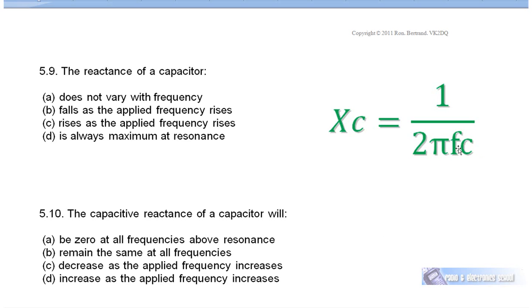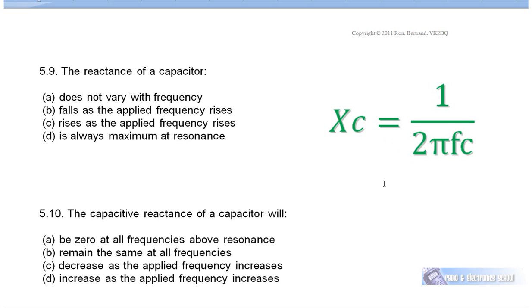That means whatever F and C do, XC does the opposite. If F increases, XC decreases. If C increases, XC decreases, and vice versa. If F or C were to decrease, XC would increase.